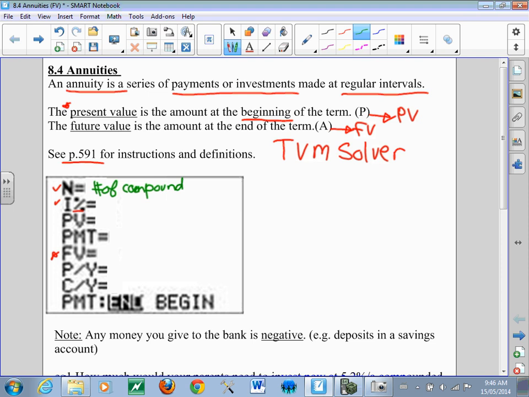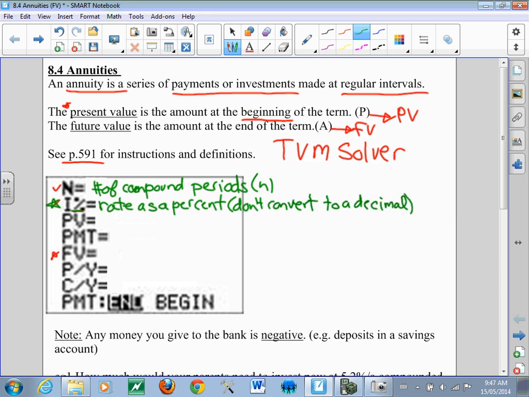So from last class, that's going to be your N. What's different here is I, they want it as a percent, not as a decimal. So put down your interest rate as a percent. Don't convert to a decimal. That's normal, I know. How many times have I told you to do that over the years, right?